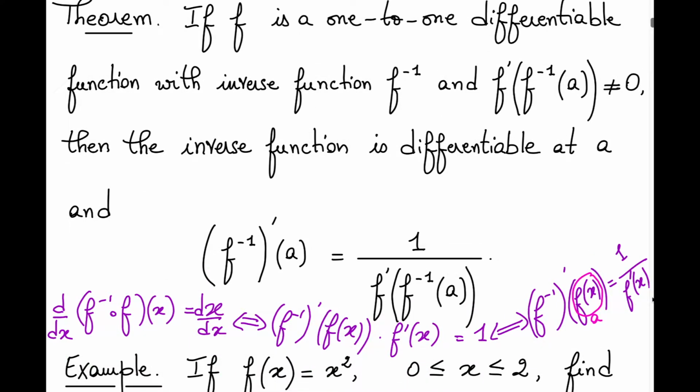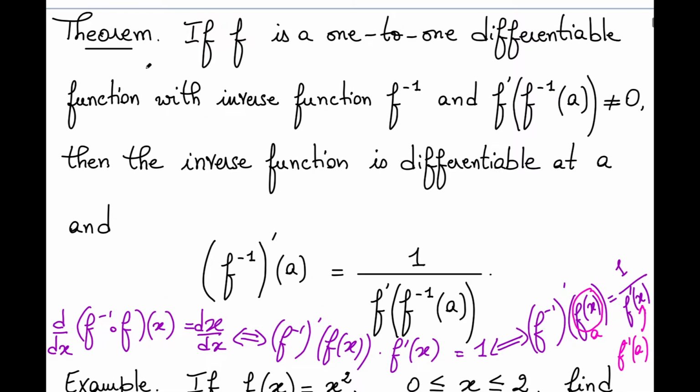So x is f inverse of a, and you get this formula. You get the derivative of the inverse function at a, that's this side, is equal to 1 over f prime at this number x, which is f inverse of a. Correct? This is not the proof, again, because the theorem says that the inverse function is differentiable at a, and here we're starting from the fact that it's differentiable, so I assume that it's differentiable.